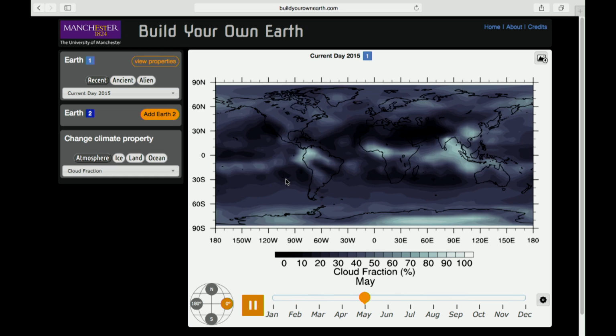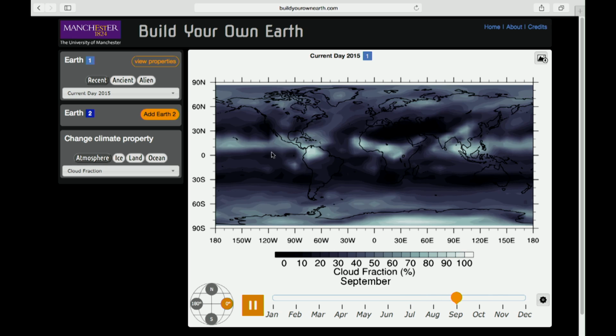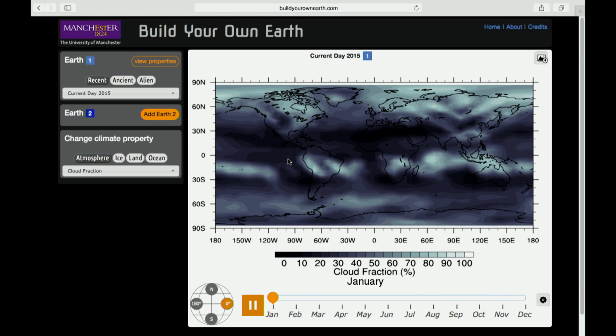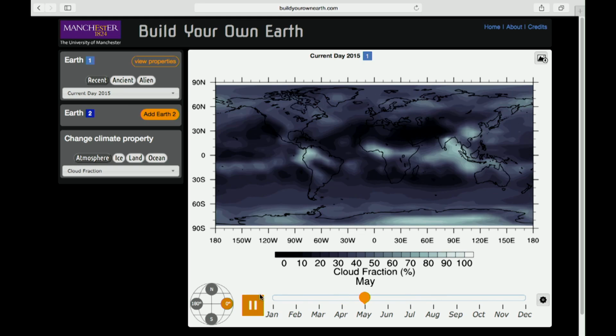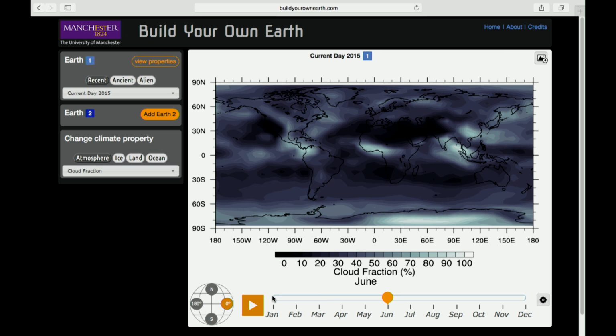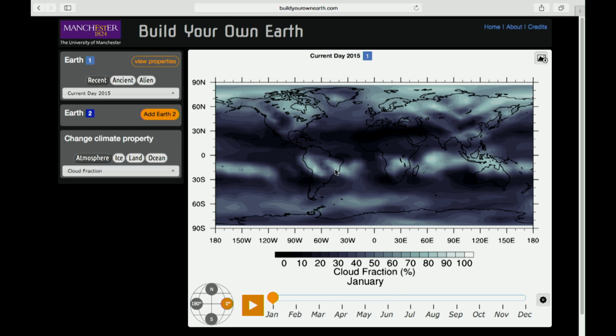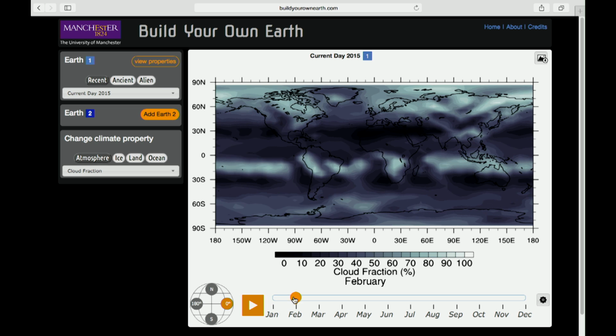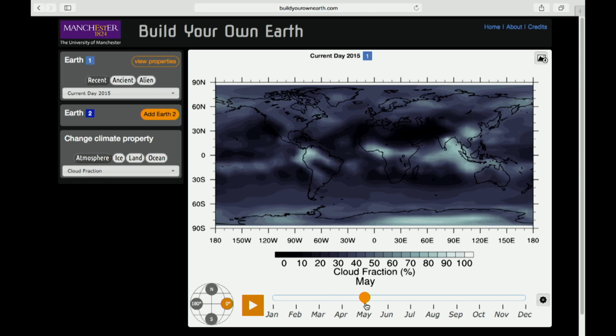If you look for the area in white here over the tropics, we can see that that area of high percentage of cloud cover moves from the south to the north over the course of the year.